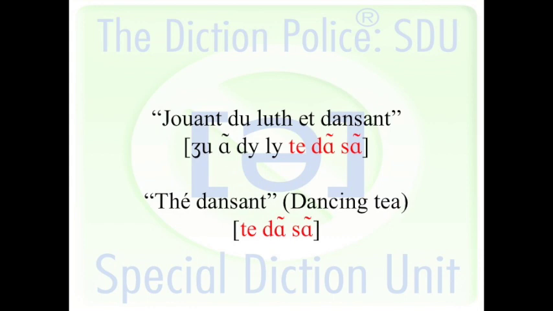Because we always want to put the consonant on the next syllable. So you sing on the vowel as long as you possibly can, and you send whatever consonant you have to the beginning of the next syllable. So lu-t-dansant. However, in French, a thé dansant is something else.